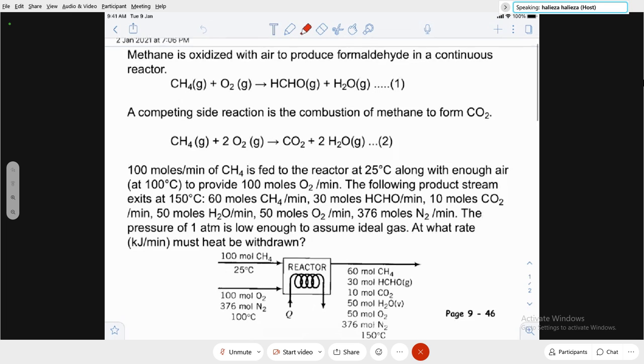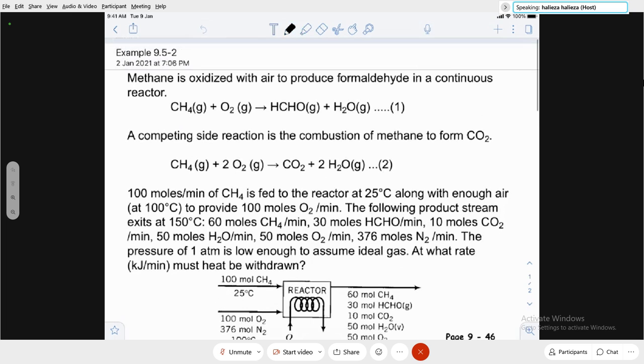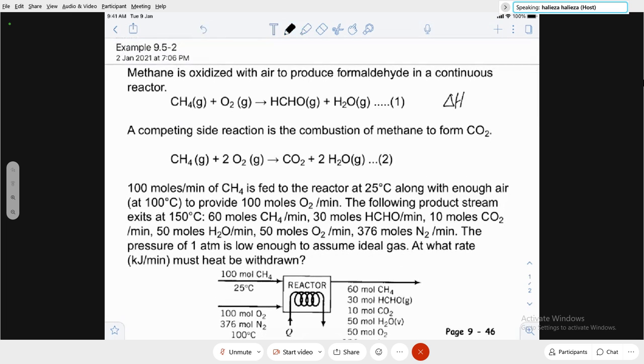If you're going to use the heat of reaction, then you need to find the heat of reaction for both reactions, so that involves extra calculations. Because you have two reactions, it's better to use the heat of formation, so you don't need the heat of reaction here. I'm not saying you cannot do it. You can do both methods. It's really possible. It's just far easier using the heat of formation.